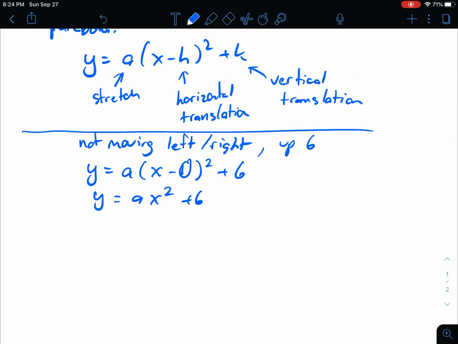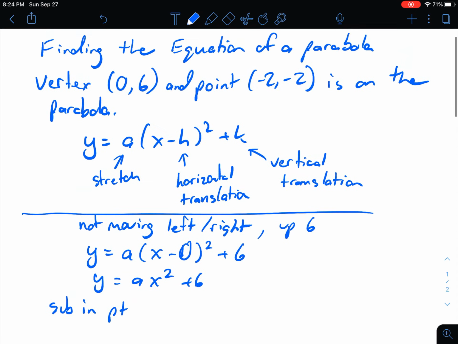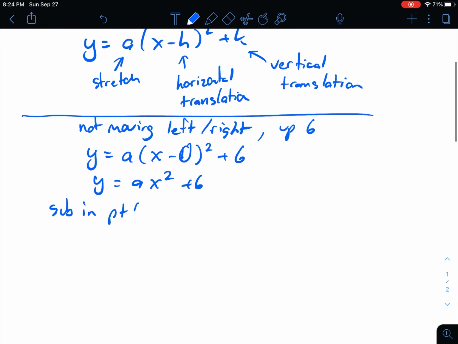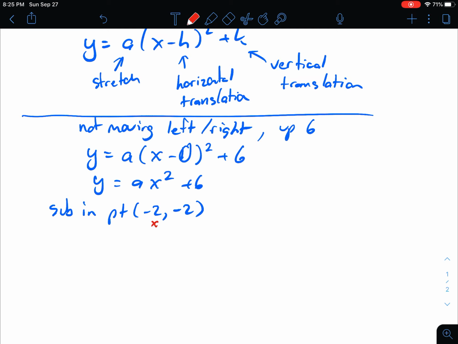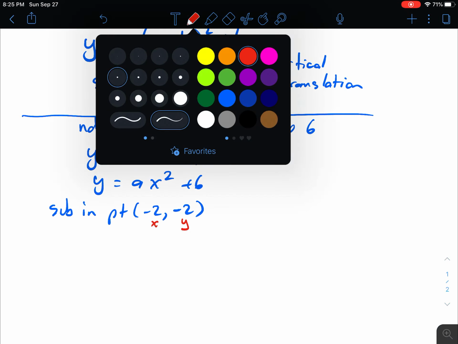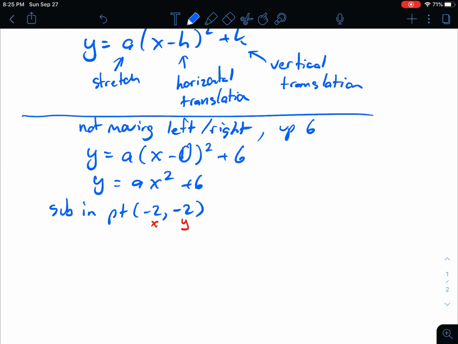Now the way we're going to get the a is we're going to sub in a known point. What was the point again? (-2, -2). If we sub in a known point, then we can solve for the a. This is my x value, and this is my y value. In this particular example, it doesn't matter because it's the same number for both. So we sub in for the y, -2, equals a bracket -2 squared plus 6.